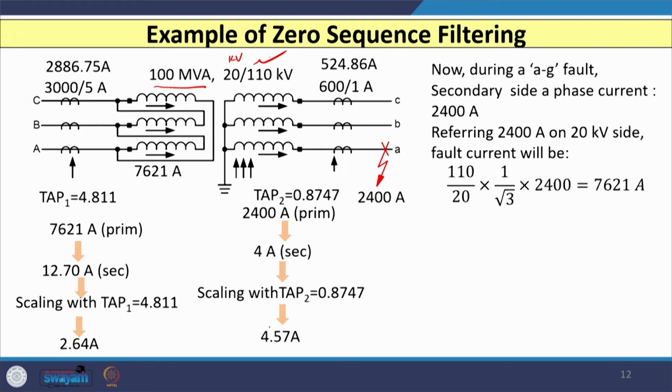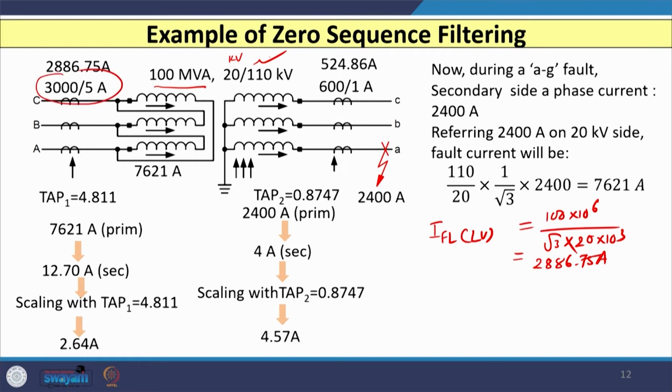If I calculate the full load current of the transformer on the LV side, it is 100 MVA divided by root 3 into 20 kV, which gives 2886.75 ampere. I use a CT ratio on the LV side of 3000 by 5, because when current exceeds 1000 ampere, the secondary should be 5 ampere.